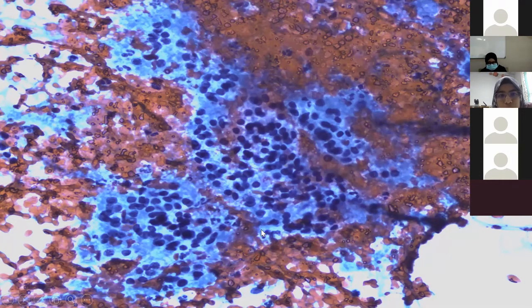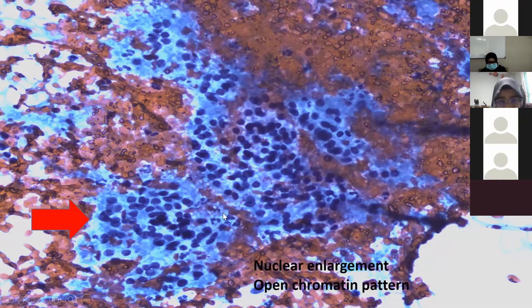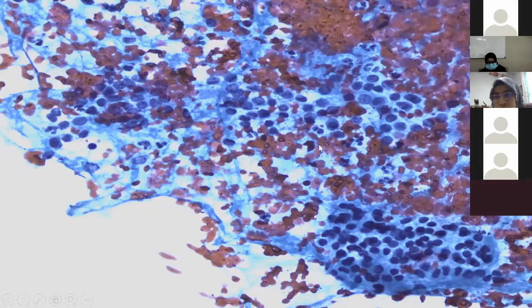Difficult to pick the areas with grooving, but very obvious there is nuclear enlargement, microfollicular pattern, and the chromatin pattern is more open. This is the other view that shows the same features, nuclear enlargement. You can see that the chromatin is a bit speckled, a fine chromatin pattern.